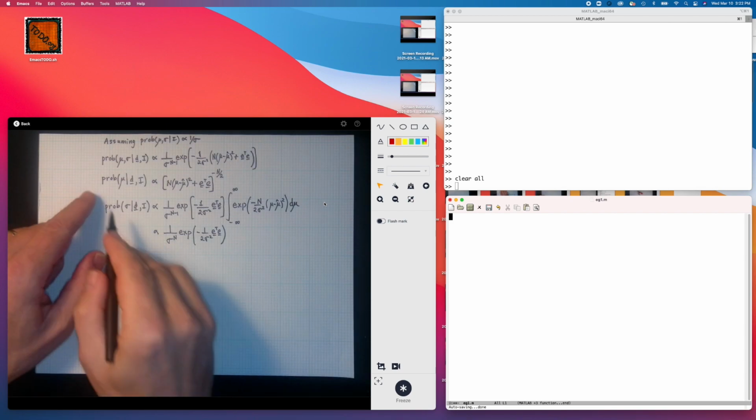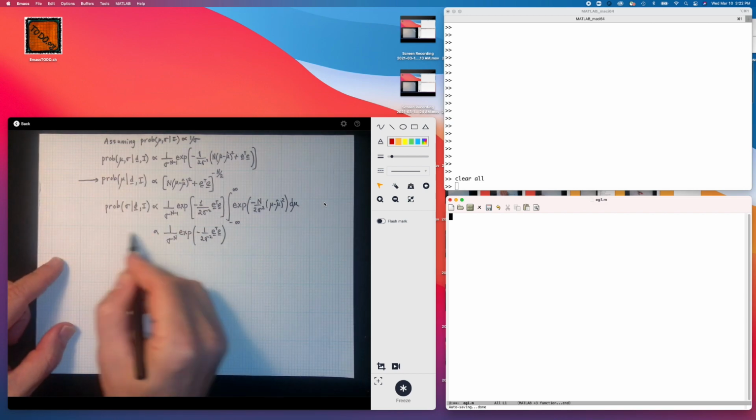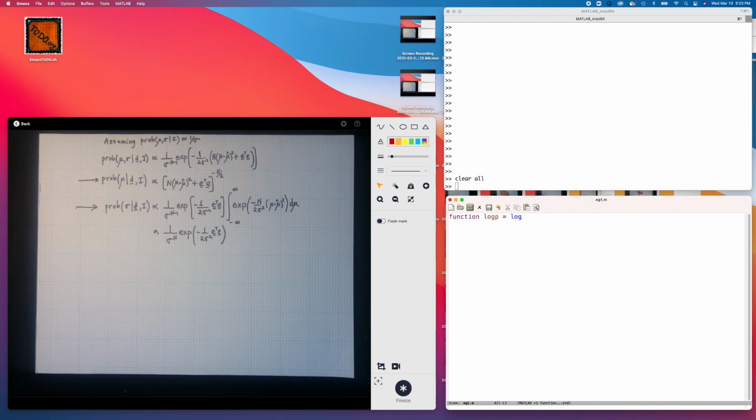and now I'm going to show how we would implement this marginal PDF and this one in MATLAB. So I'm going to write a function that takes in two inputs, a list of mu values and the data set, and evaluates the log of the posterior probability at the mu values.